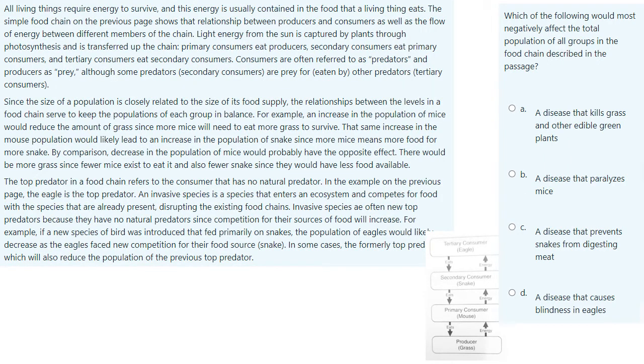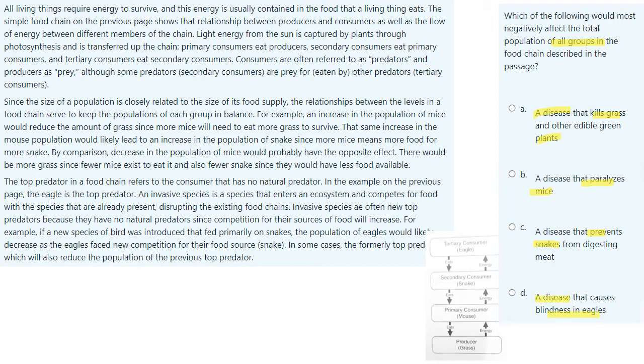Which of the following would most negatively affect the total population of all the groups in the food chain described in the passage? A disease that kills the grass and other plants, a disease that paralyzes the mice, paralyzed means cannot move, a disease that prevents the snakes from digesting meat, or a disease that causes blindness in eagles.